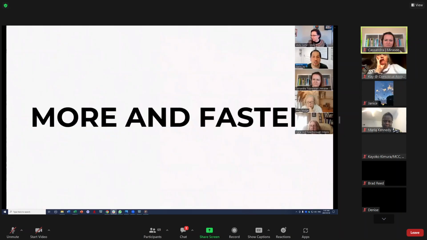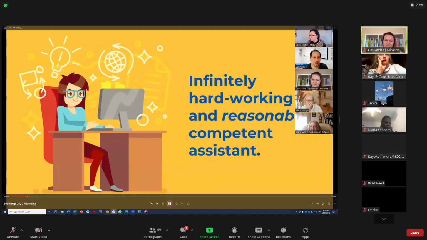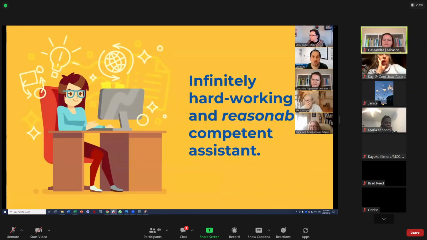You want to essentially treat the AI as an infinitely hardworking and only reasonably competent assistant. So you would give precise instructions, you would use that assistant to save yourself a lot of time, but you wouldn't trust a lot of what they would do for you without the oversight for you to evaluate and know if it's right or wrong.